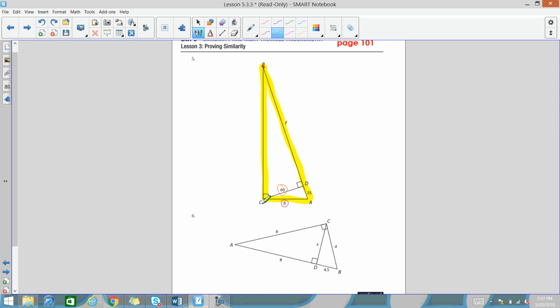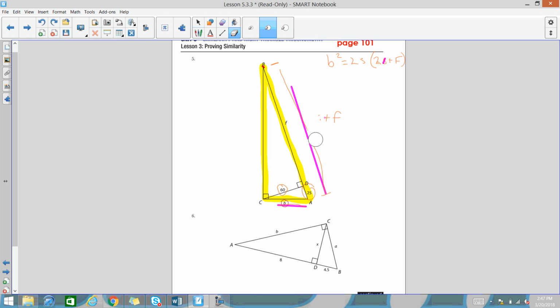If I did b squared, leg squared, so I traveled down the leg, leg squared equals short adjacent, so 25, times the entire hypotenuse. Well, the entire hypotenuse has another variable in it. It's 25 plus f. Could you solve for two variables at the same time? And the answer is no.